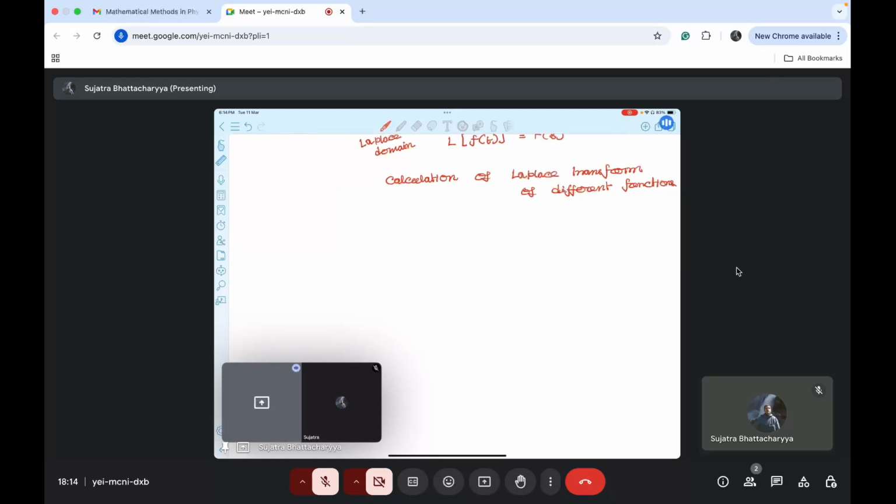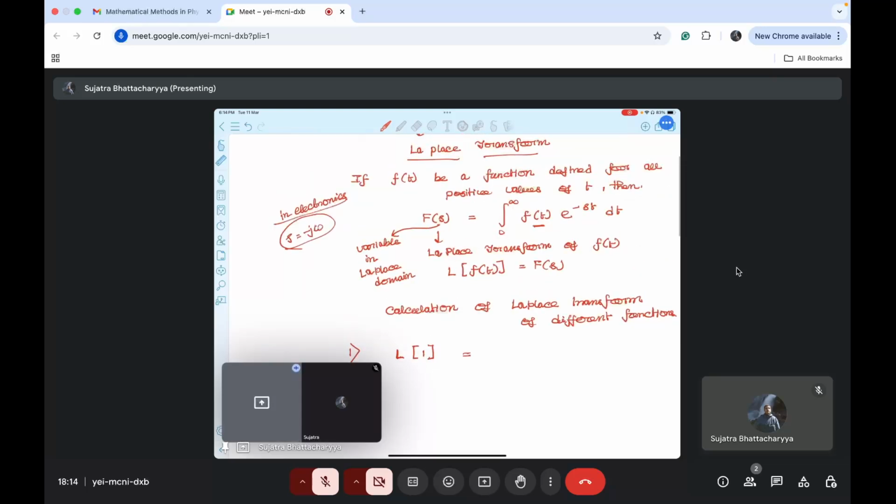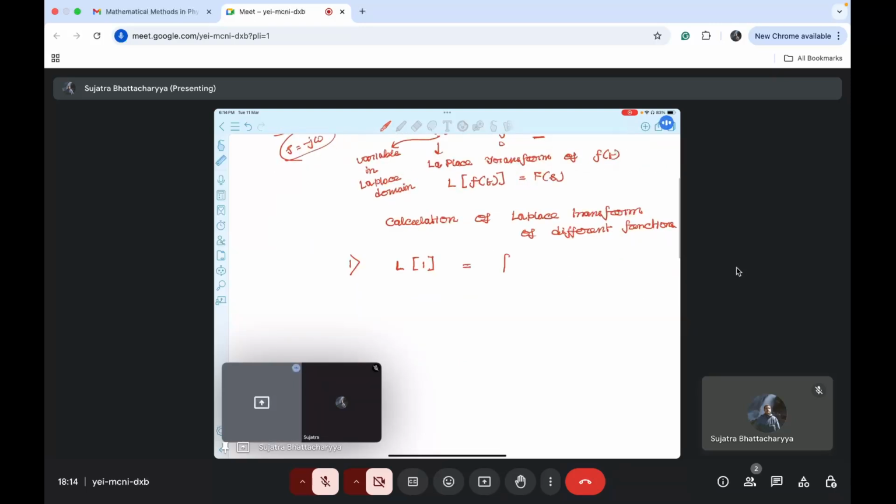So the first one we will talk about is, let's say, the Laplace transform of 1. So 1 is also a constant function, right? How can we find the Laplace transform of 1? Just go to the basic definition, which is the integral of f of t e to the power minus st dt. Let's try this. From 0 to infinity, this is the Laplace transform. F of t is 1, e to the power minus st dt.